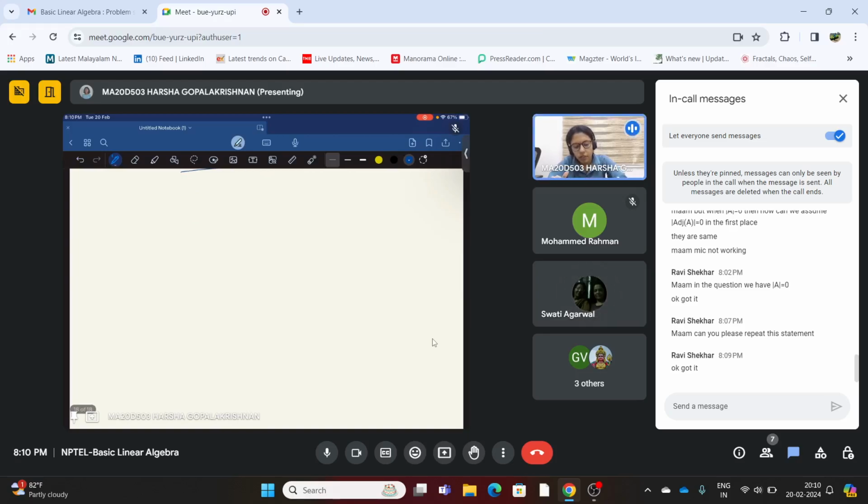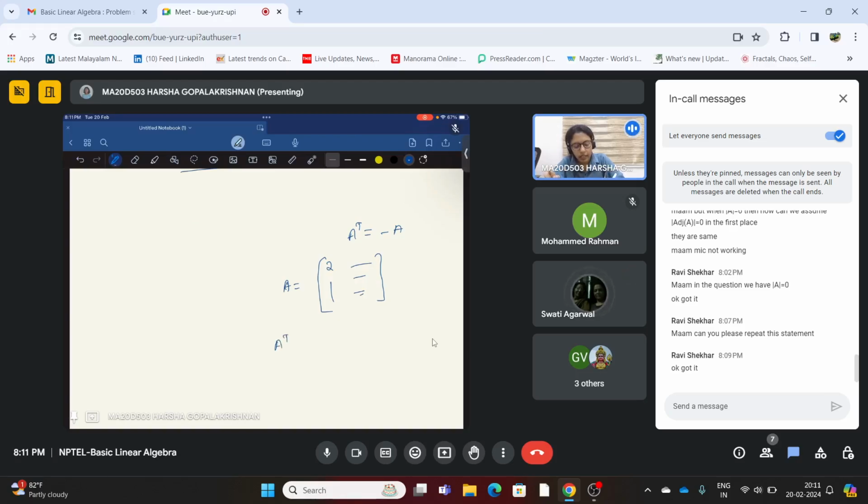For skew symmetric, A transpose equals minus A, right? So the diagonal should be 0, correct? Suppose there is a non-zero entry in the diagonal. We don't know the remaining elements, I am taking the first diagonal element.